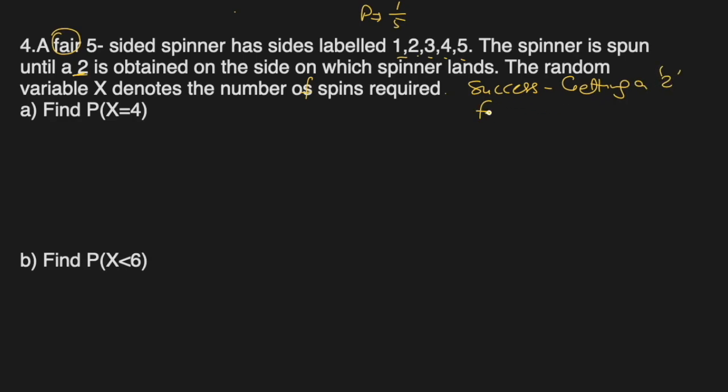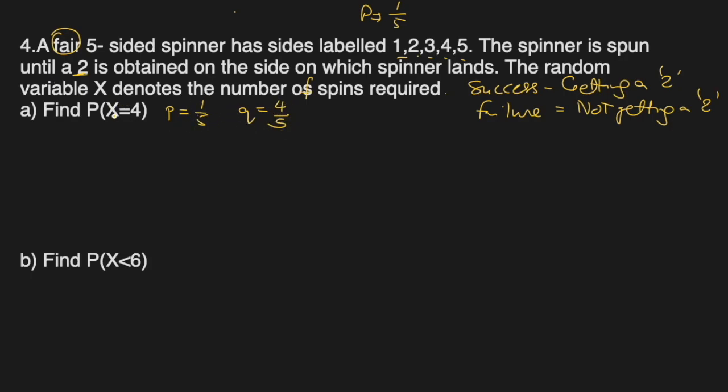So failure will be not getting a 2. So probability of success, which is P, will be 1 out of 5. Probability of failure, which is Q, will be 4 out of 5. 1 minus 1/5 will be 4/5.